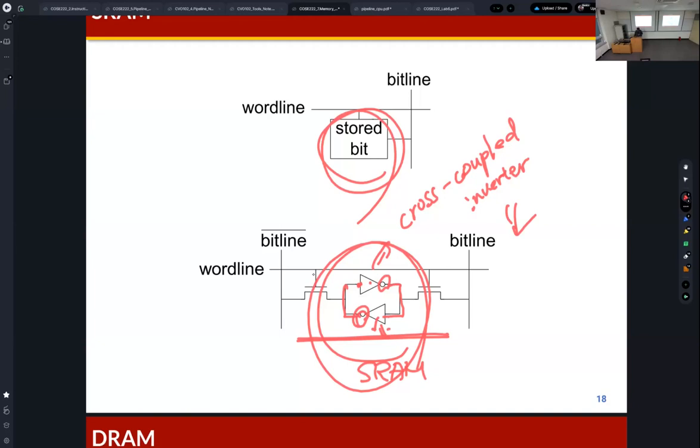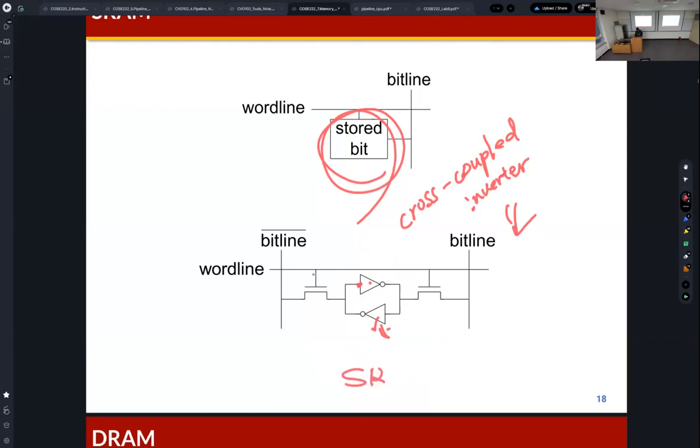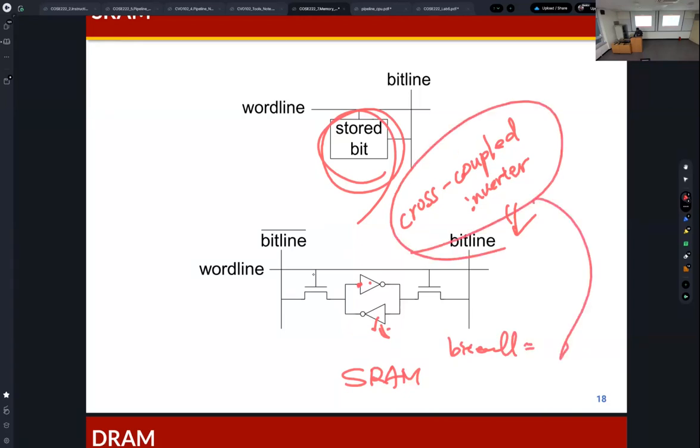So if we use the SRAM, the bit cell of SRAM is the cross-coupled inverter, and we also use control logic connected to the word line.